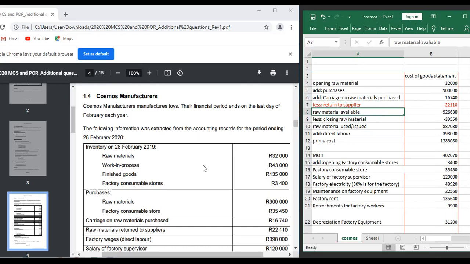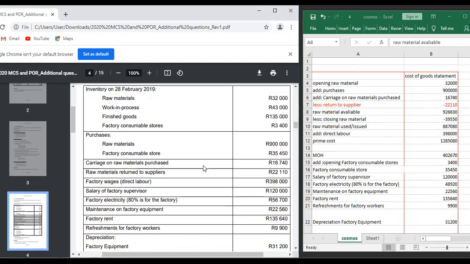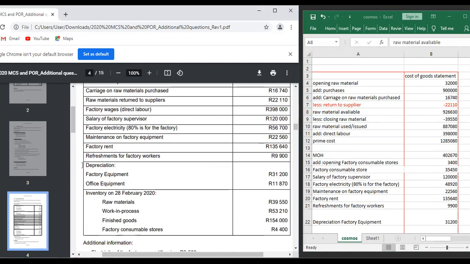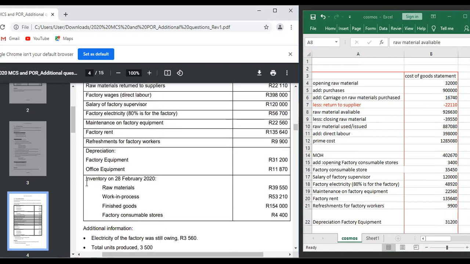Now, remember, we are preparing this for the whole financial year. We have the closing balances here at the bottom, closing raw materials. As it is, we have to less it from the materials available. It means that this closing stock was never used.